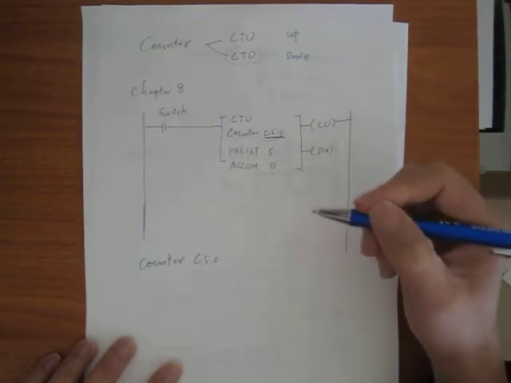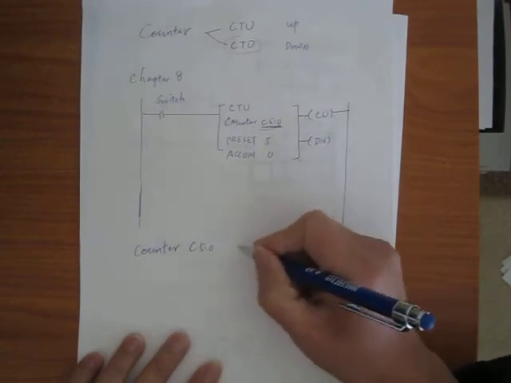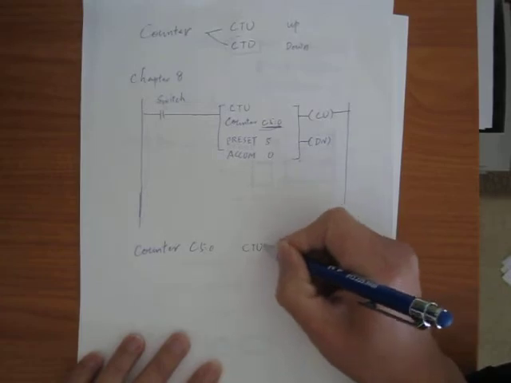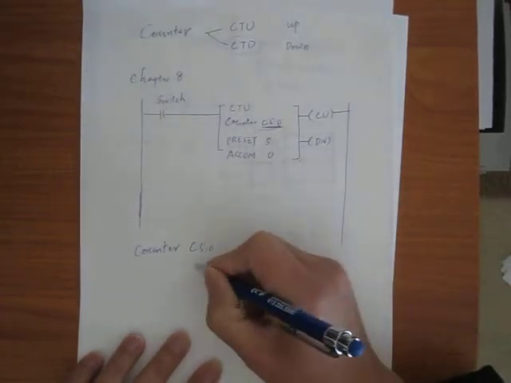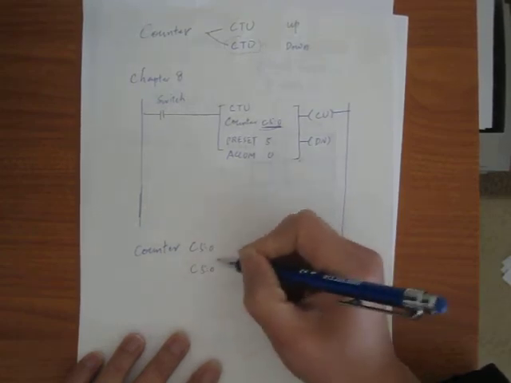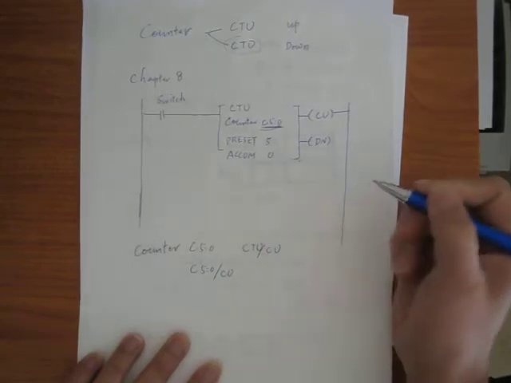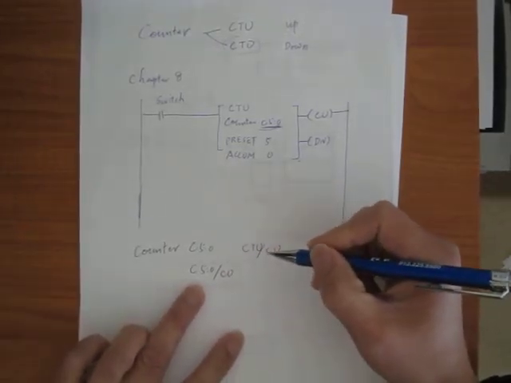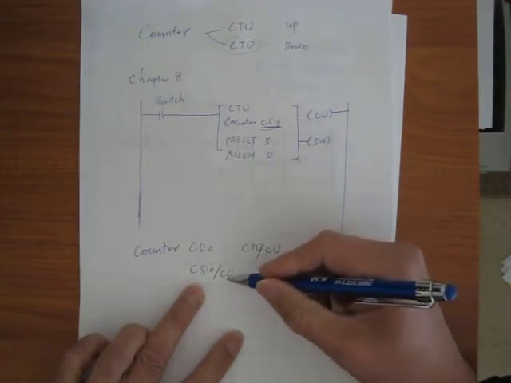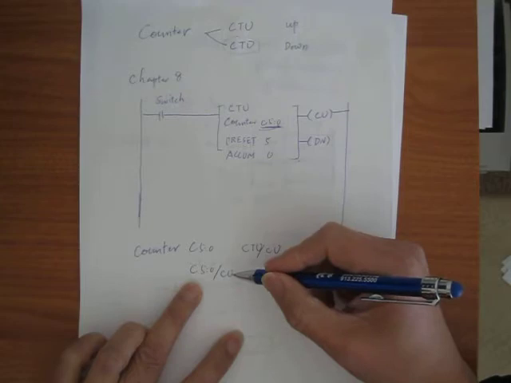The three that are most important: one is the CU here, or in this case, if you use this name C50, then it's going to be C50.CU. This is similar to the timer EN here.